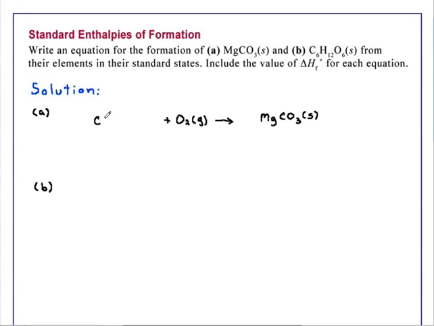So we write carbon, and then solid, comma, graphite. And then finally we have magnesium, which is a metal and is a solid.